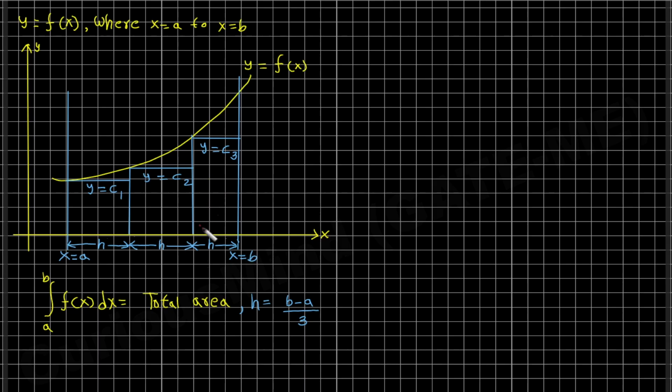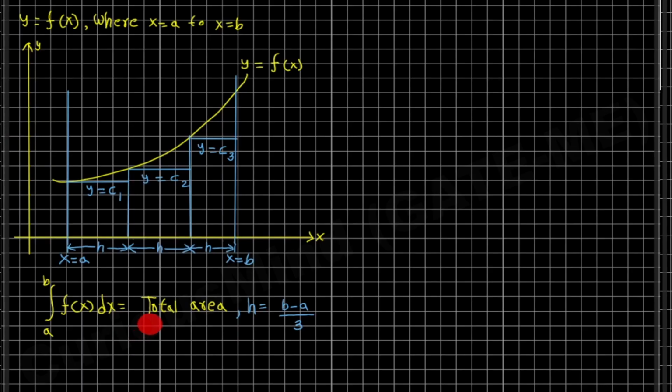All right, so the total approximated area would be equal to the approximate value of the definite integral of the function f(x) from a to b.